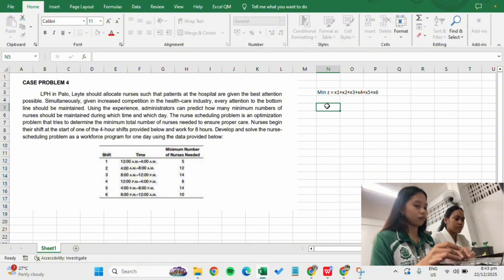So next is the constraint. It is the time.